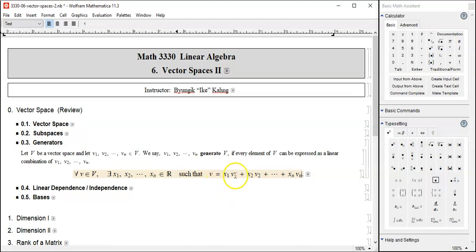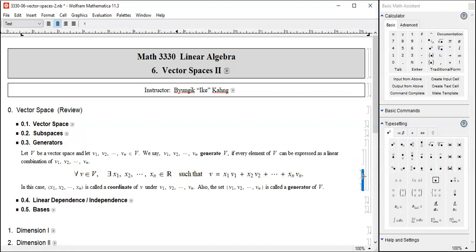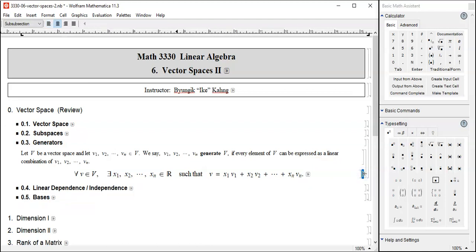Now these numbers x1, x2, x3 all the way up to xn are called coordinates. And there's a bit of a problem. This coordinate may not be unique. And some textbook authors use the term coordinate only when they are unique, only when V1 through Vn are actually bases. But I usually use coordinate everywhere, and even if v1 through vn just generate, I'll still use the term coordinate.